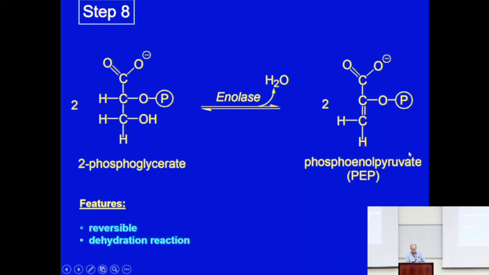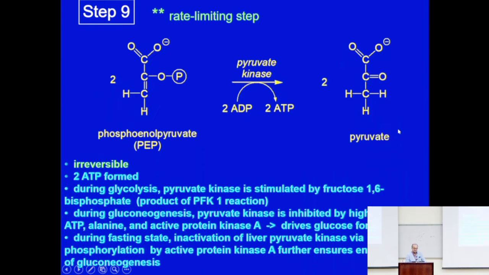So we carry 2 of these forward, which takes us to the last step in glycolysis, technically, the 9th step in aerobic glycolysis.